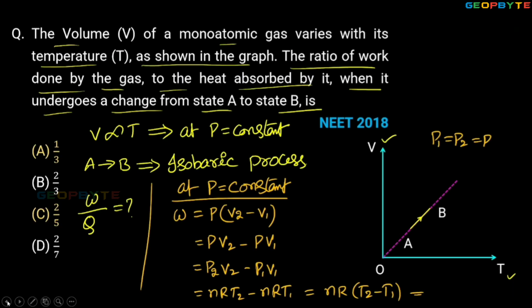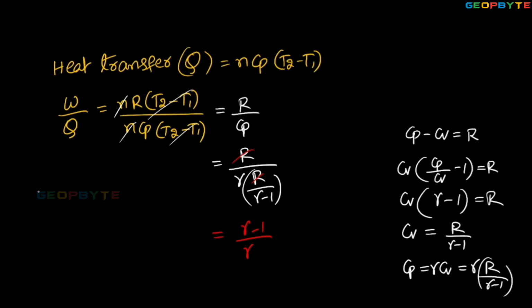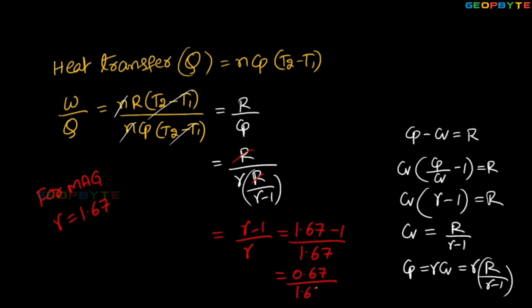But what is the name of the gas given? Monatomic gas. For monatomic gas, as you know, the gamma value equals 1.67. So it is equal to (1.67 minus 1) by 1.67, which is 0.67 by 1.67.